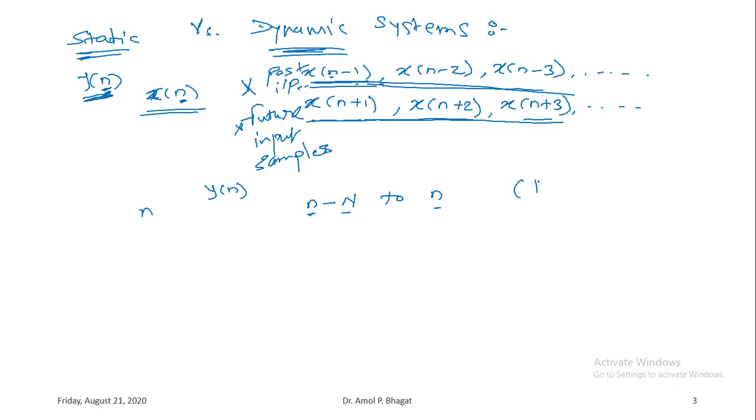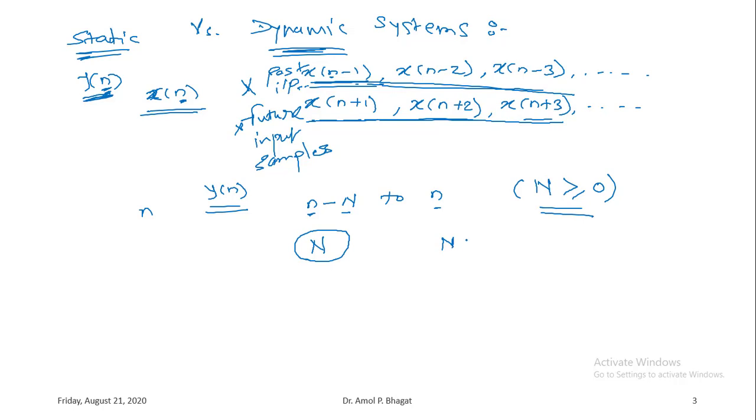Here, if I am considering the value of capital N greater than or equal to 0, then the system is said to have memory of duration capital N, right? Because it has to store these capital N samples in memory to determine the current output y of n.